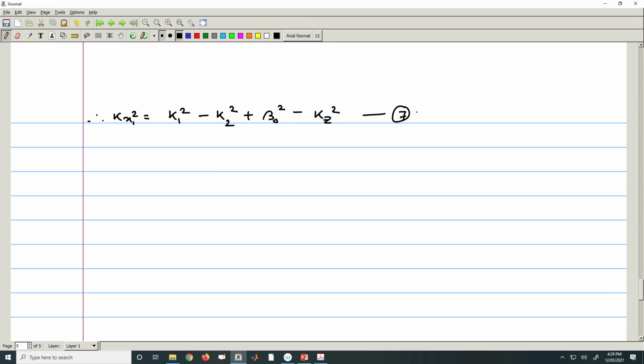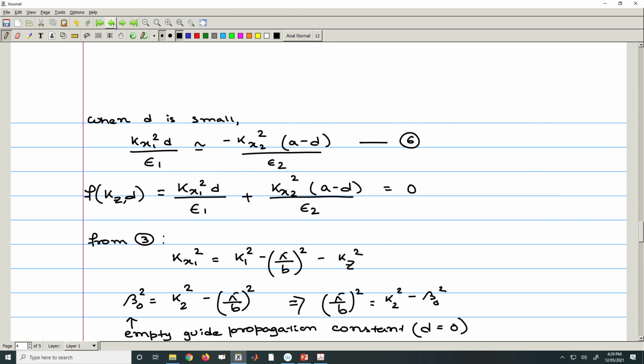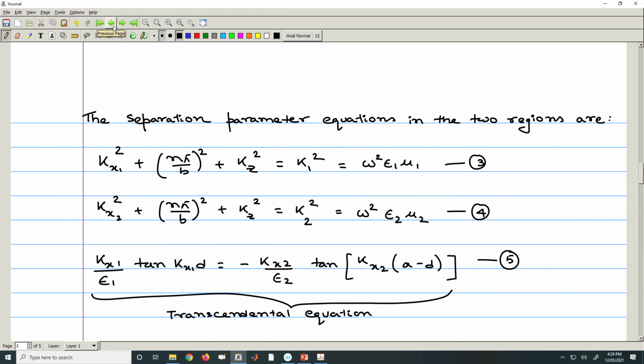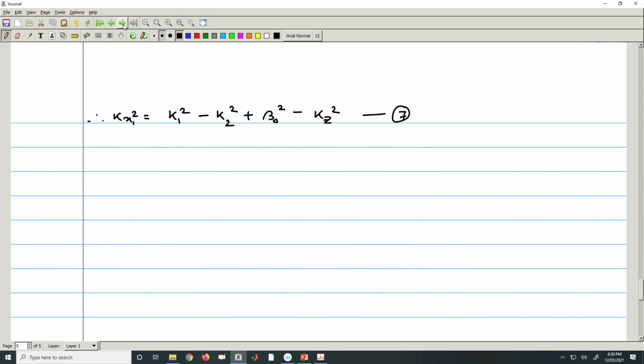Similarly, from equation number 4, we can write k x 2 square in terms of beta naught square. We will have k x 2 square is equal to k 2 square minus pi by b whole square minus k z square.